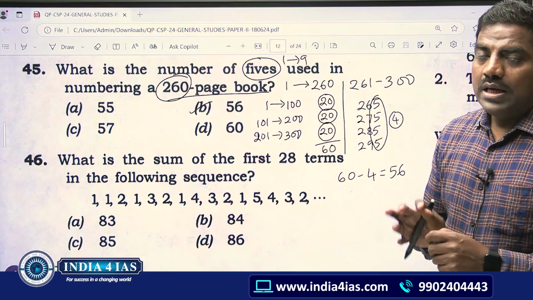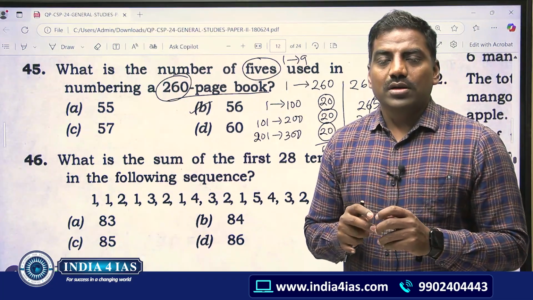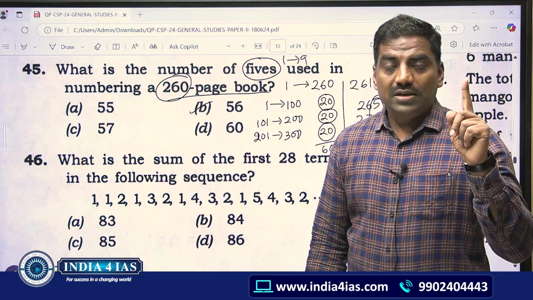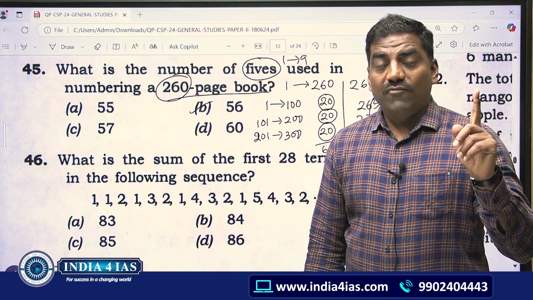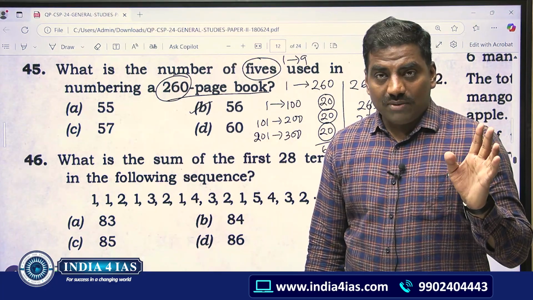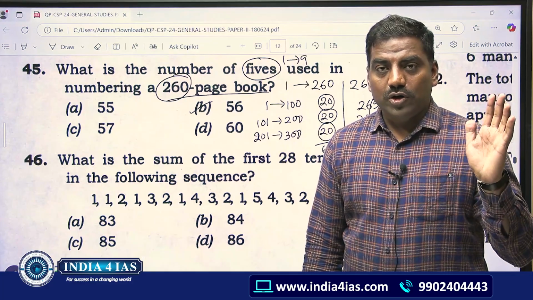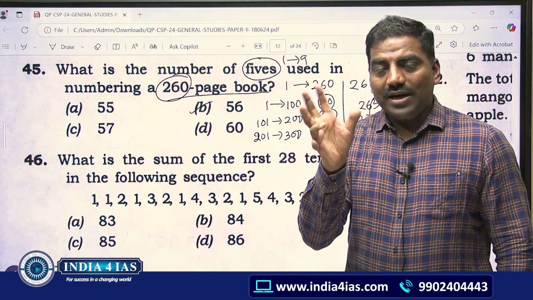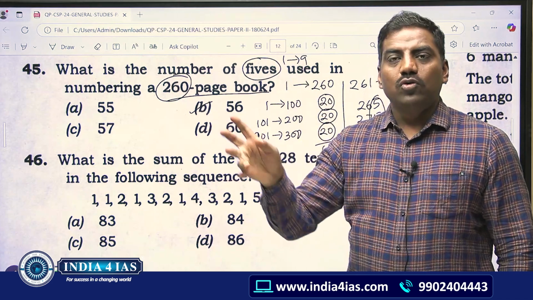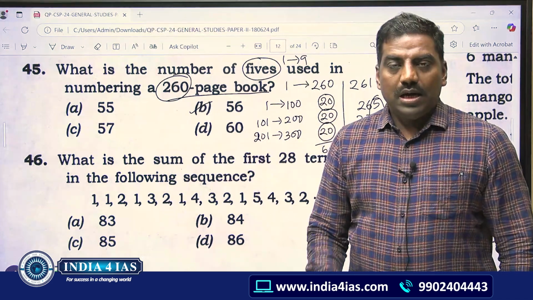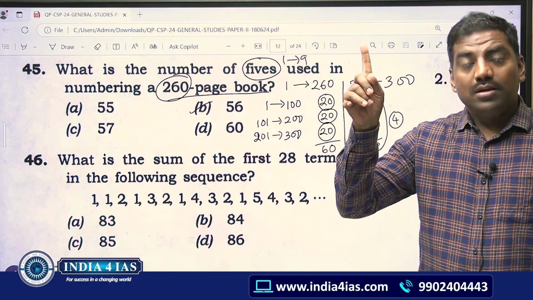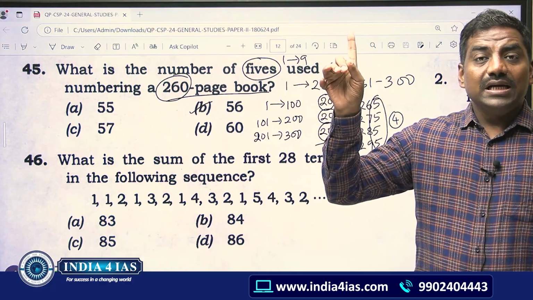And you have to be extra careful. If you are starting from 101 to 200, then this particular 1 will come for 100 times. That also you have to think. But between 100 numbers, 1 to 100, 101 to 200, any given number will repeat for 20 times, except the number with which we are starting those numbers.